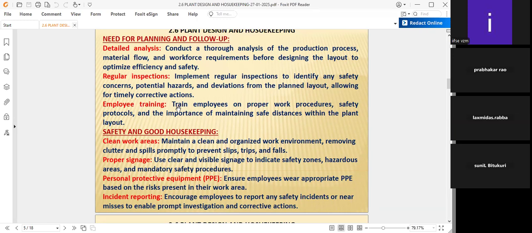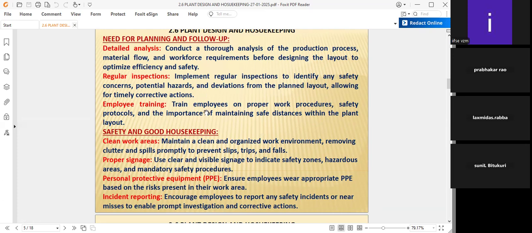Even small people give big suggestions which are forced to be implemented to reduce the risks. That's why we train employees on proper work procedures, safety protocols, and the importance of maintaining safe distances within the plant layout. These are the needs for planning and follow-up.